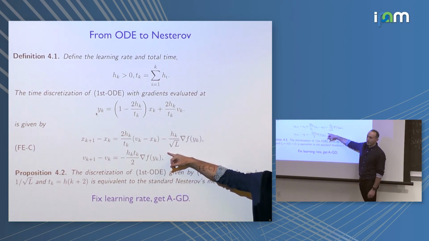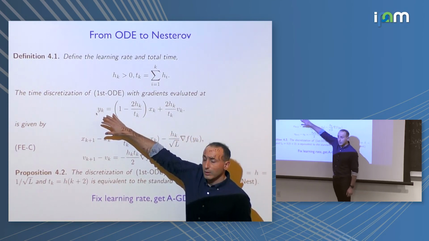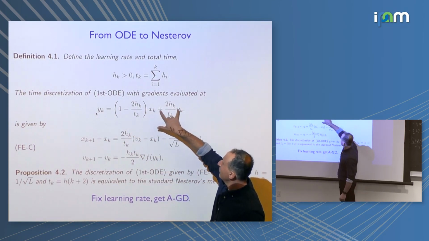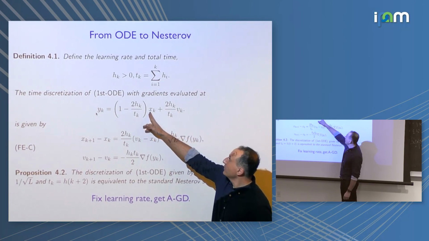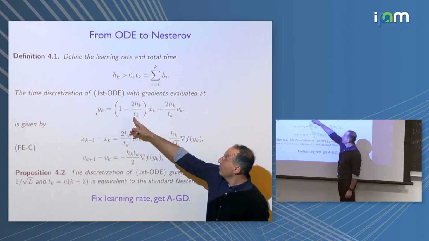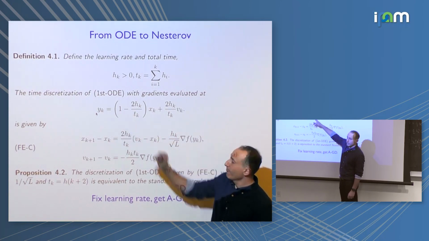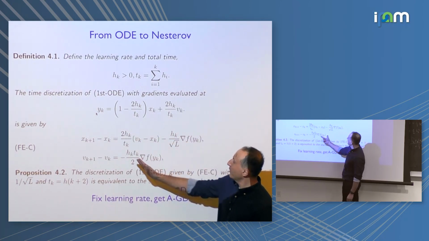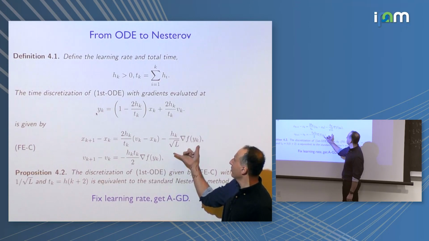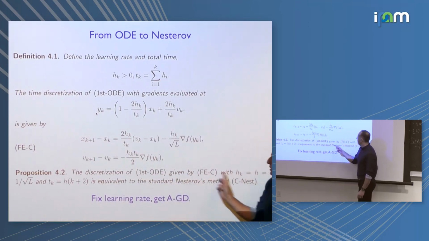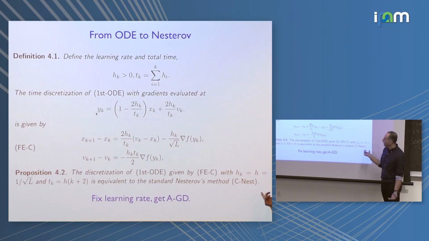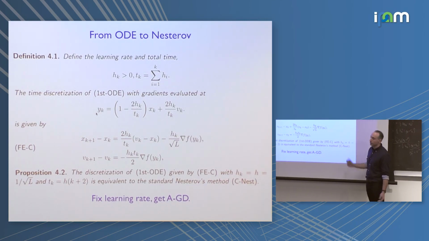The way to get Nesterov is to evaluate them at y, where y is an average of your 2 variables. It's a convex combination that's very close to x with this factor. So you evaluate your gradients there. It's just forward Euler, but you evaluate it at a point which is a convex combination of your 2 variables. And when you stick this in, you get Nesterov's method.